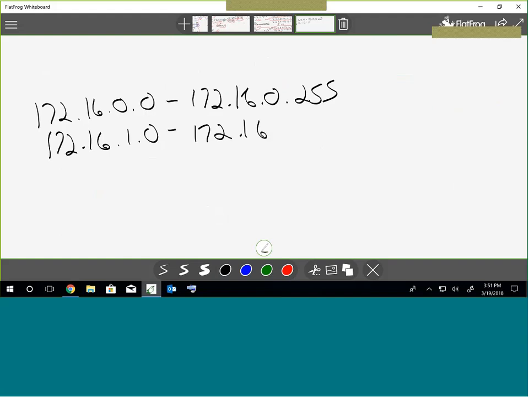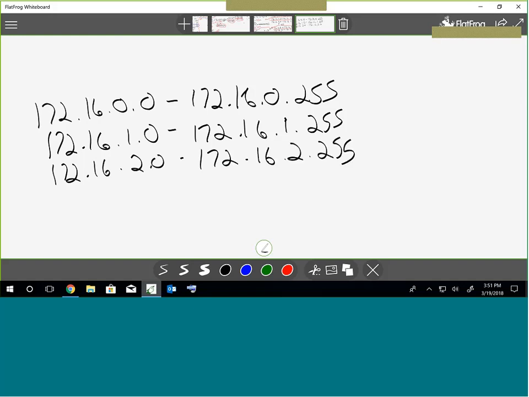How many bits did I borrow? If you borrow 8 bits from a Class B, what do you get? That's a /24. So in other words, what I had before is 172.16.0.0/16.